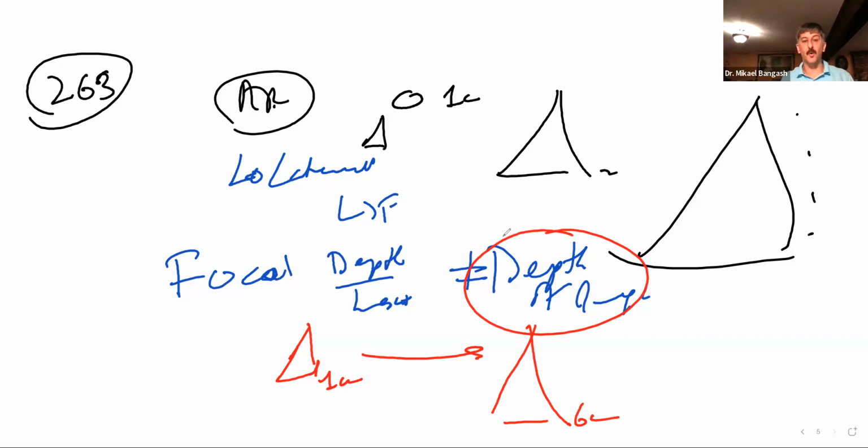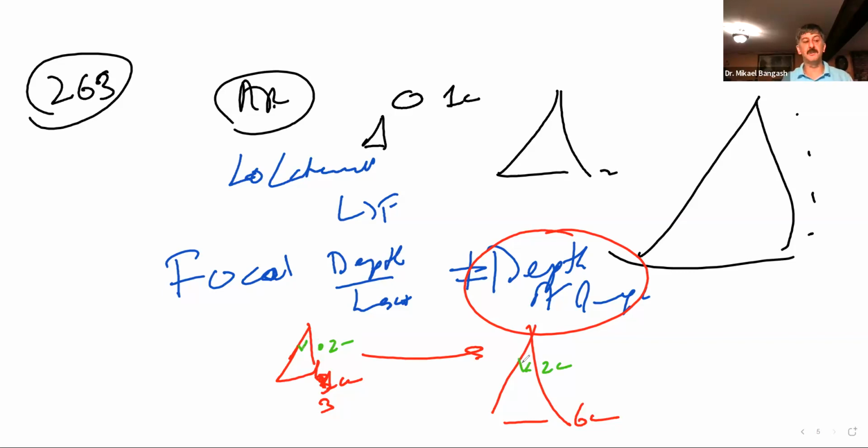Where we may say focal depth, 1 centimeter is probably too low. Let's just take, let's say, 3 centimeters. Because at a 3 centimeter depth of image, you may still be able to focus at a depth of 2 centimeters. What does that mean? That means that at this point of 2 centimeters, your beam is at its narrowest.